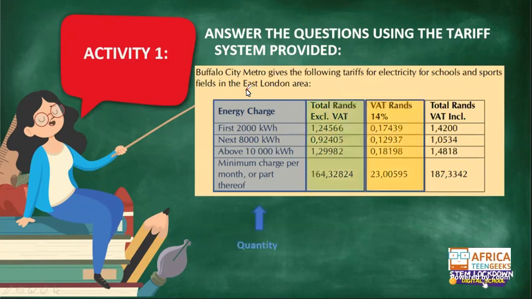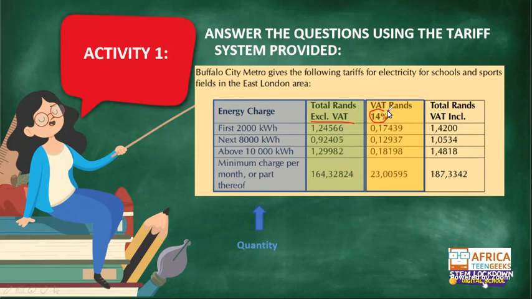Okay, so then over here in these three blocks, the green, yellow, and red, first we've got how much it is per unit. And if we look carefully, it says excluding VAT. Okay, the next one gives us the VAT. And remember, even though it is now 15%, the question says 14, so we will use 14.